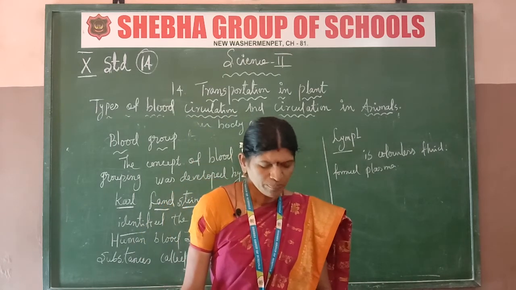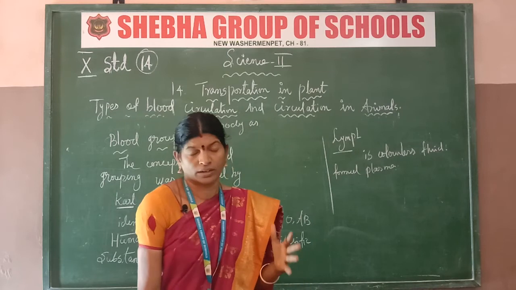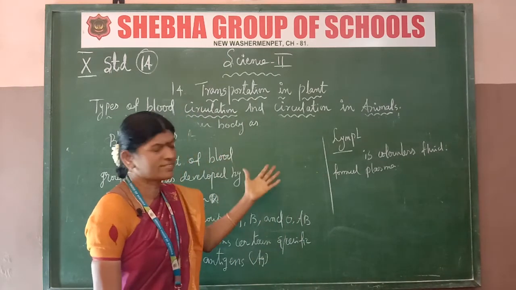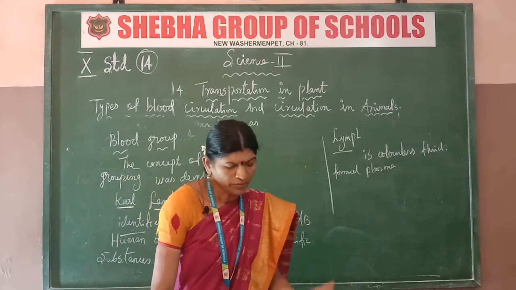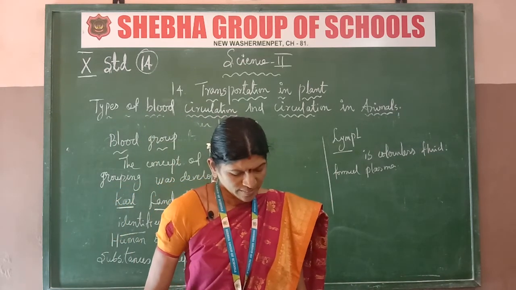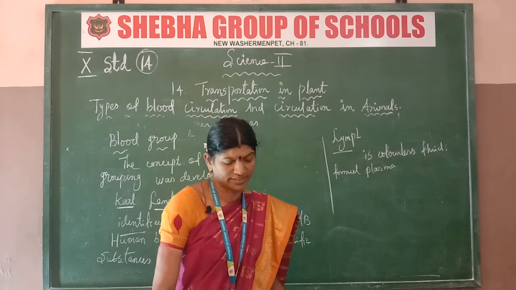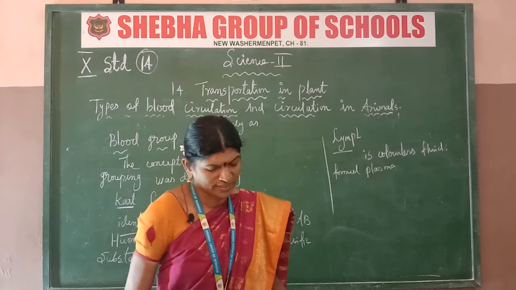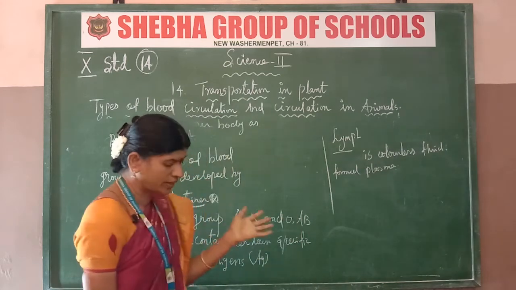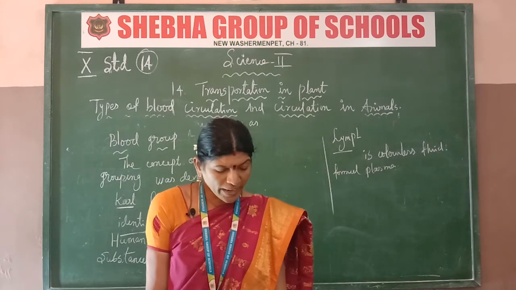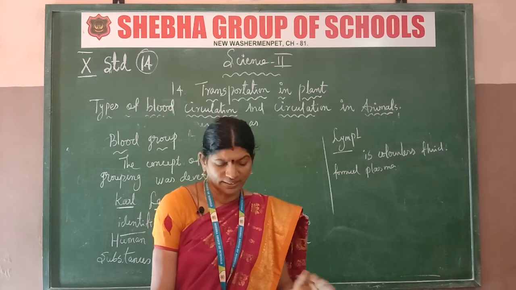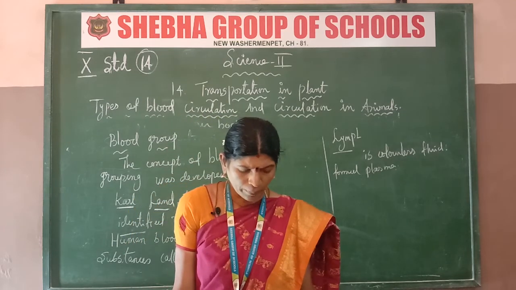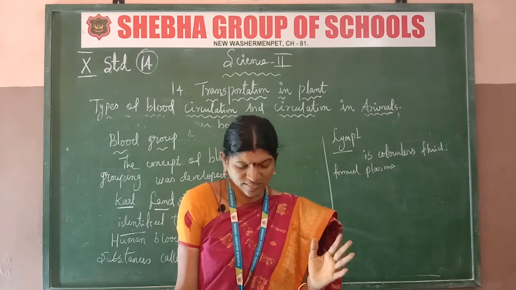Next is the complete contraction and relaxation, diastole and systole, which is called the heartbeat. The sequence of events from the beginning of one heartbeat is called the cardiac cycle.